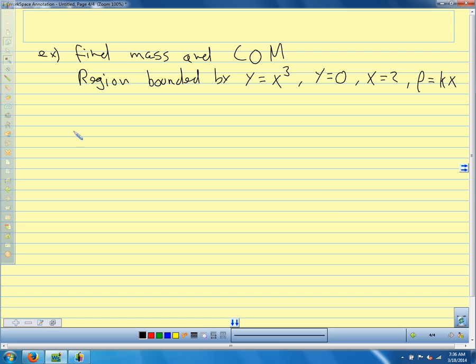So let's sketch our region. Let's see, so here's x equals 2, y equals x to the third, so that's going to look something like that.